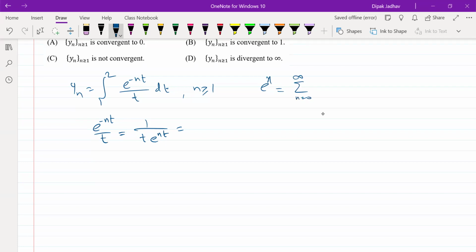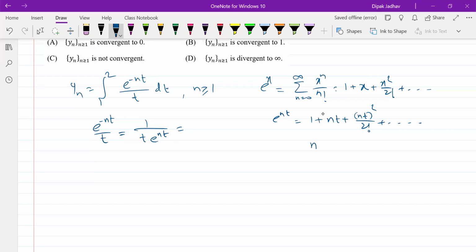Summation n from 0 to infinity x raised to n by n factorial. That's nothing but 1 plus x plus x square by 2 factorial plus x cube by 3 factorial and so on. So e raised to nt will be equal to 1 plus nt plus nt square upon 2 factorial and so on.